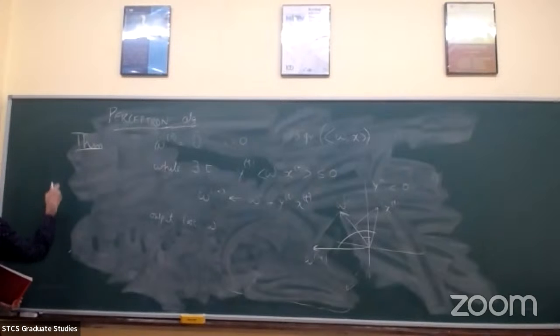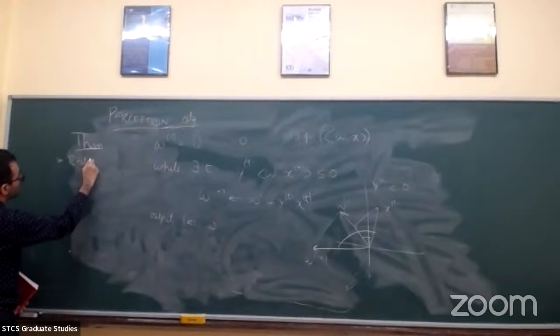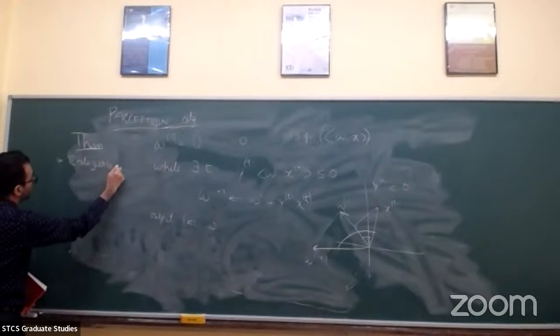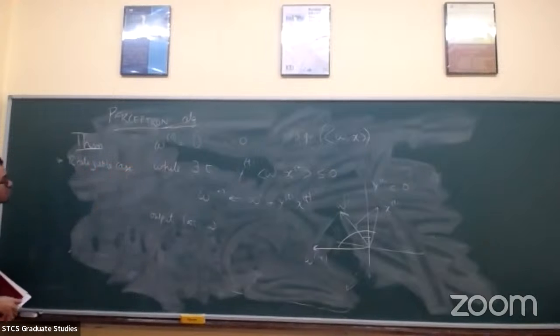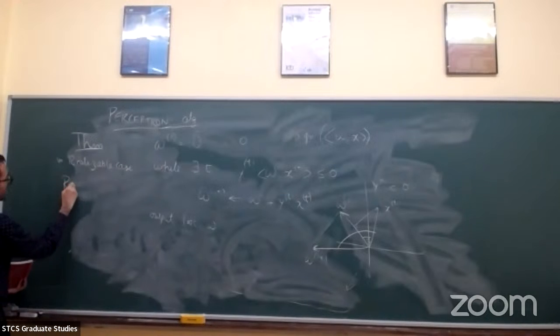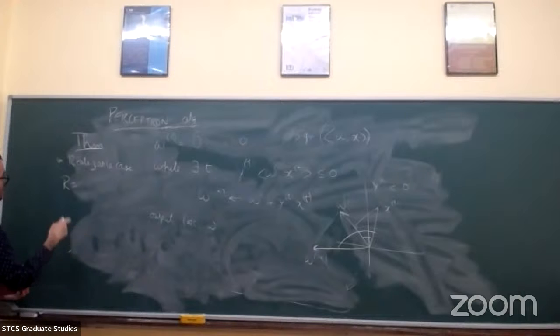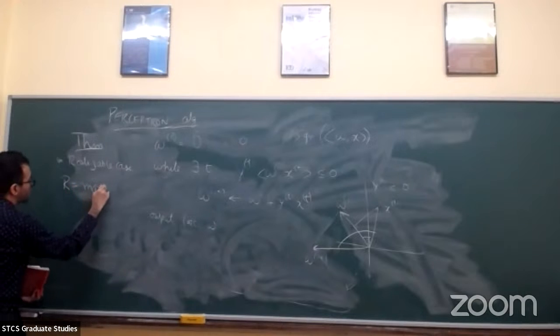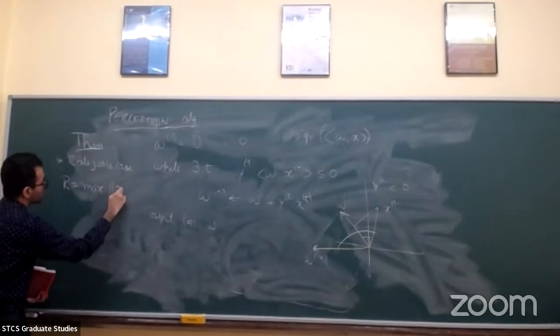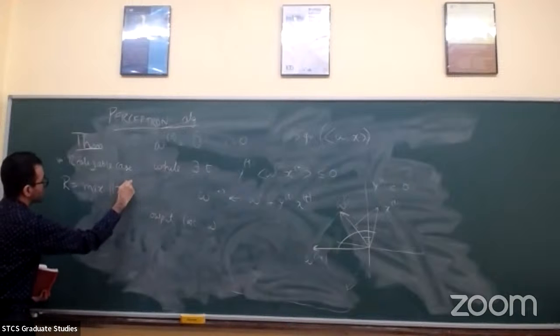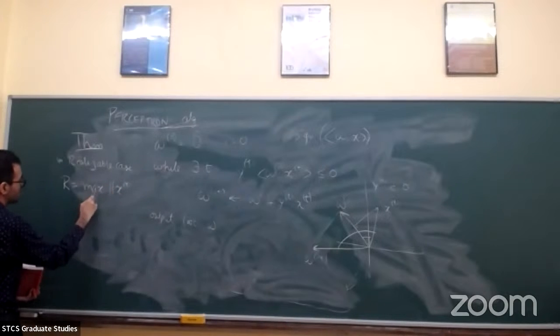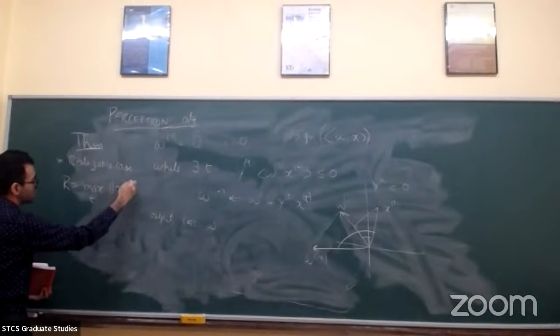In the realizable case, we will give a bound on how many iterations you will take. Let R be the maximum norm of any xi, so max over xi, as we already know of xt.